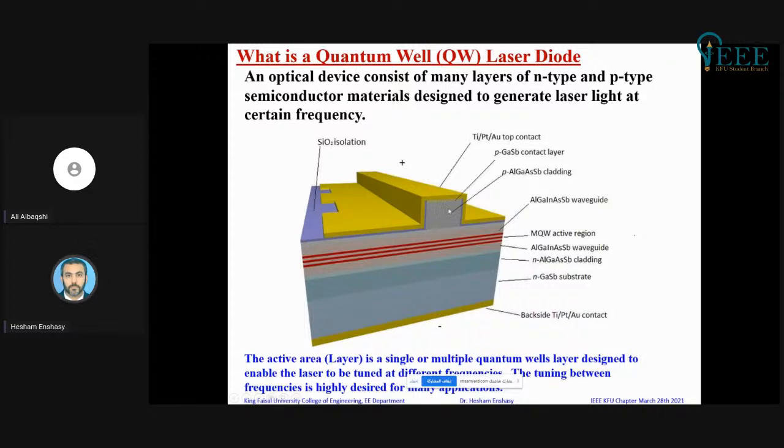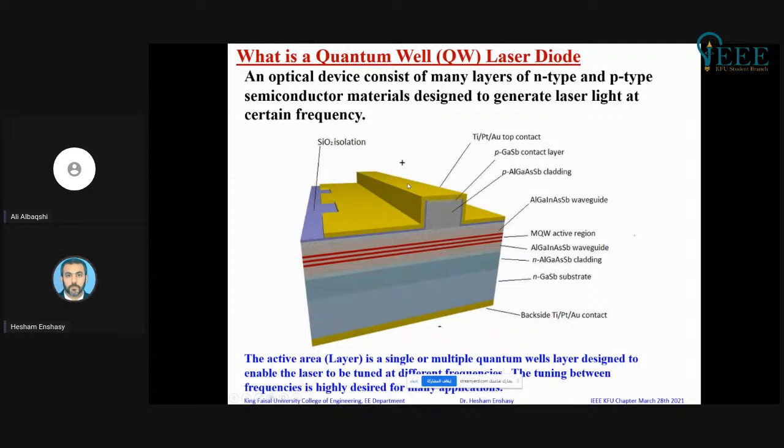At the end, we have to put metallization for electrical injection. So here, this is the stacking of metallization, starting from Ti, platinum, gold. So we use titanium, platinum, gold for metallization on the top layer, and the back layer is Ti, platinum, gold also for backside metallization.